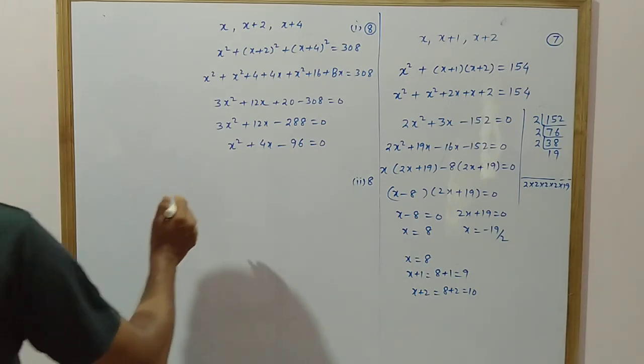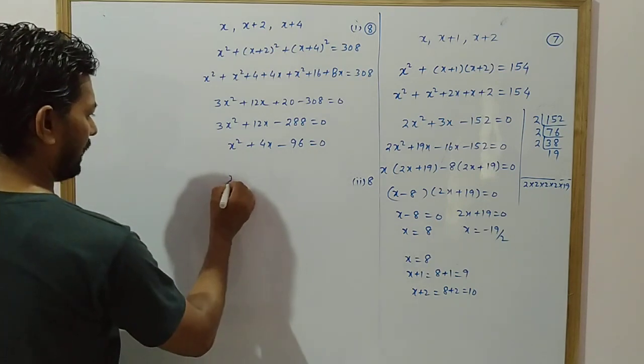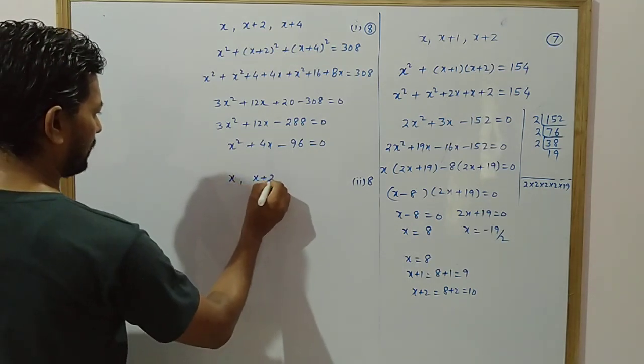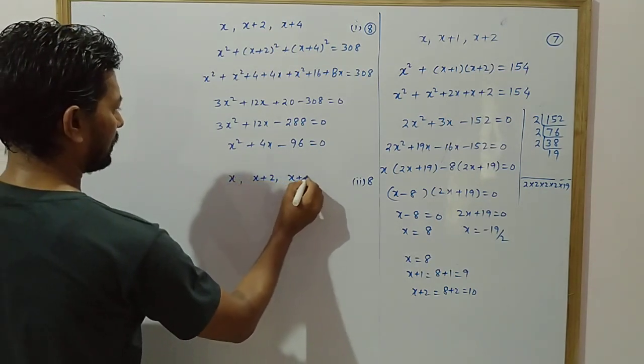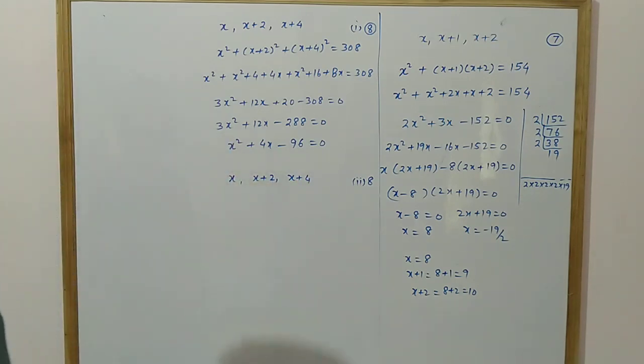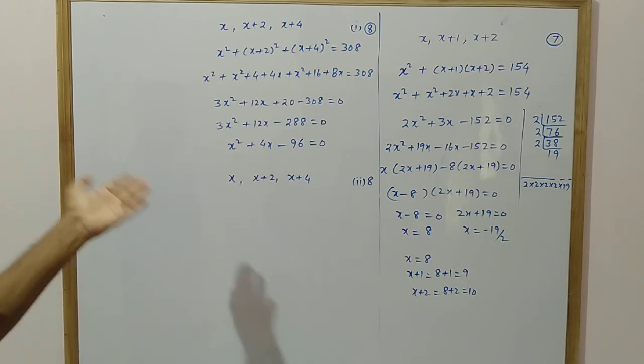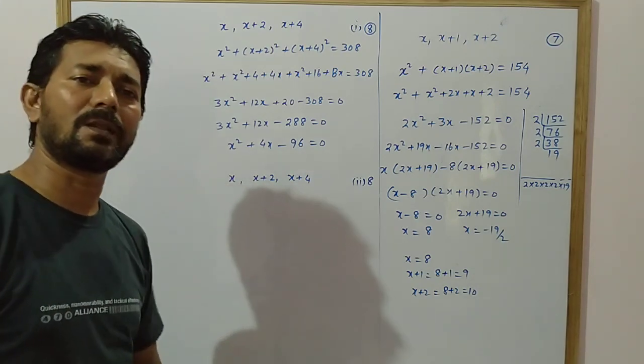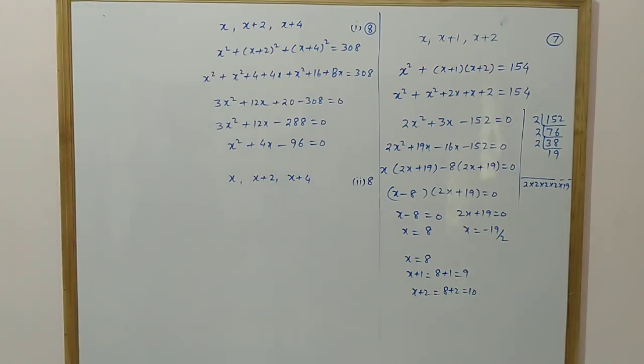So 3 consecutive odd integers, again it will be x, x plus 2, x plus 4. Whether it is odd integer or even integer, the difference is always 2. As for example 5 plus 2, 7, 7 plus 2, 9. Similarly, if it is even integer, 4 plus 2, 6, 6 plus 2, 8.